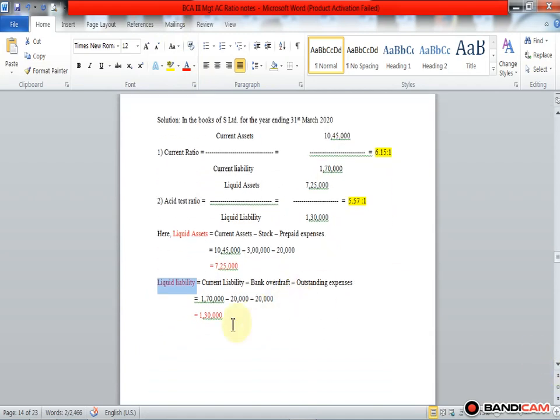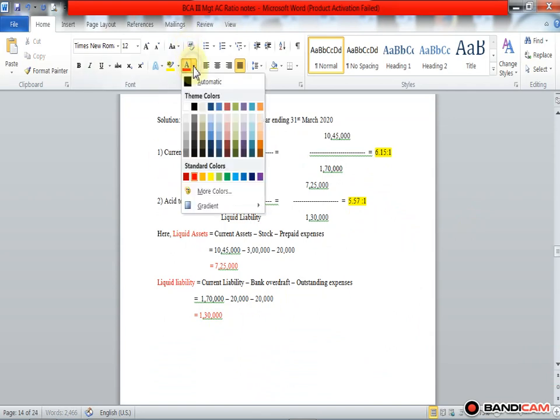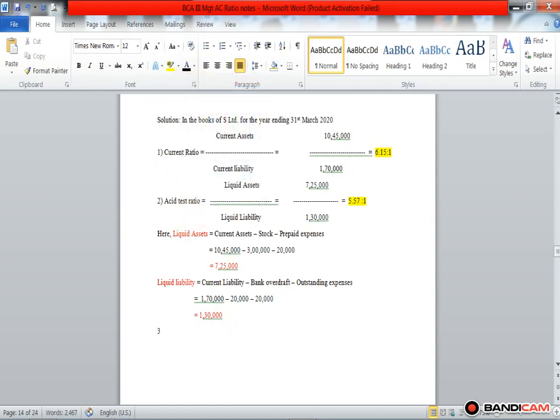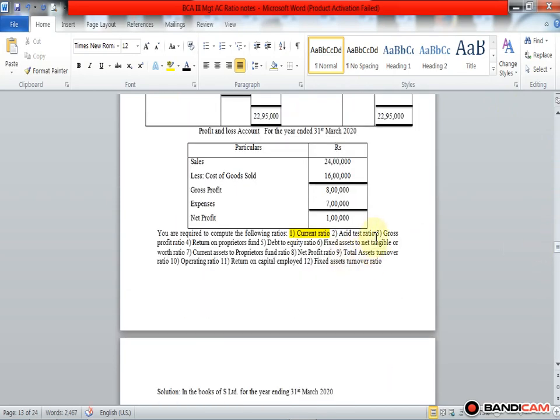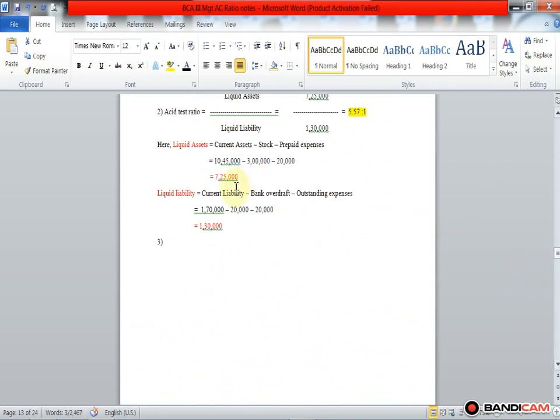Now we calculate the third ratio, that is the gross profit ratio. Gross profit ratio is very easy to calculate.